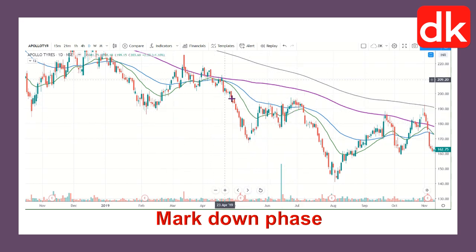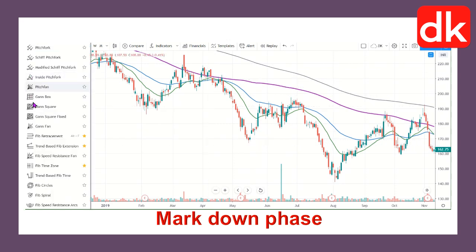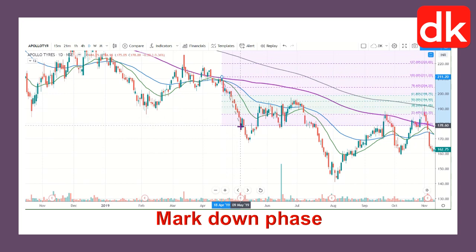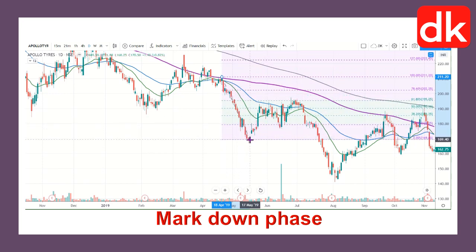In this impulsive wave, let us first draw the Fibonacci retracement tool. The wave started from here, and we are taking the wave which has ended here. We can see the price has taken multiple resistances at this area which is coinciding. In this case, we have drawn the Fibonacci retracement from top to bottom, while in an uptrending market we had drawn it from bottom to top.